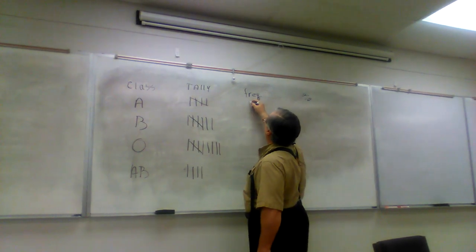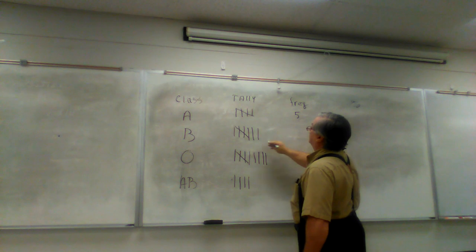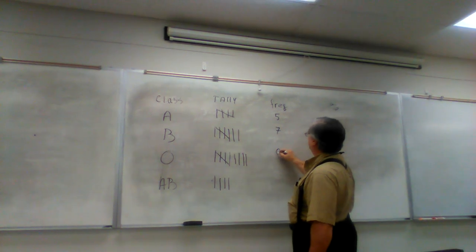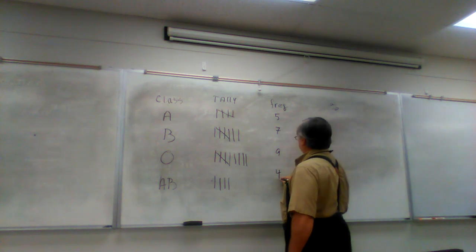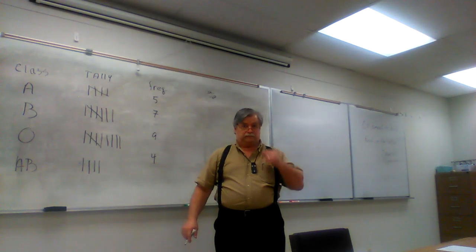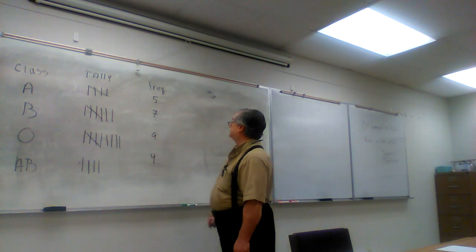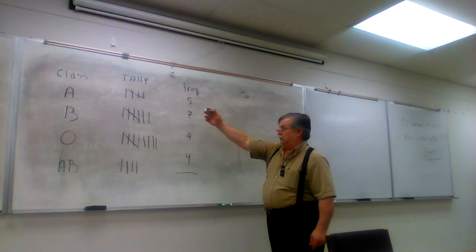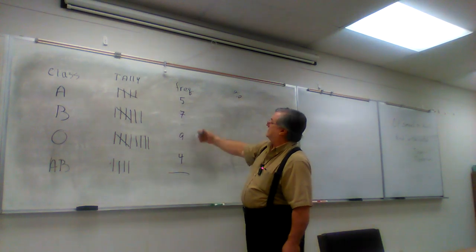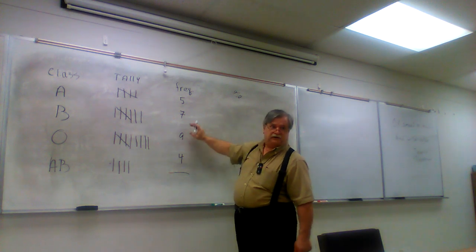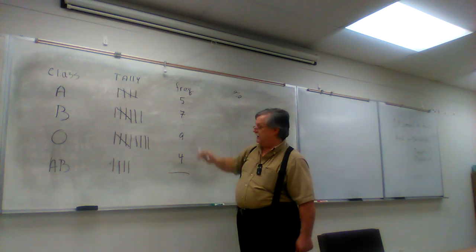We've got 5 in A, 7 in B, 9 in O, and 4 in AB. That is our frequency distribution. If we add all of these up, 5 and 4 is 9, plus 9 is 18, 25.